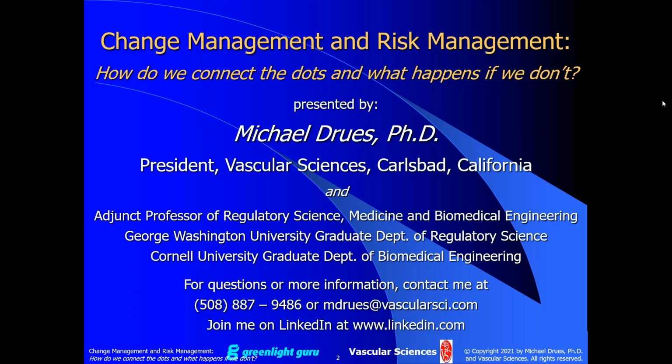Your point amplifies one of the points I tried to make towards the tail end of the webinar: if we're not using that information, maybe it didn't come from us directly, from our own R&D folks or marketing folks or our own testing. Maybe it's out there, from competitive products or real world evidence, whatever. Isn't that just as problematic, potentially even more problematic, than making a change and not properly evaluating it? Yeah, what do you think, John?